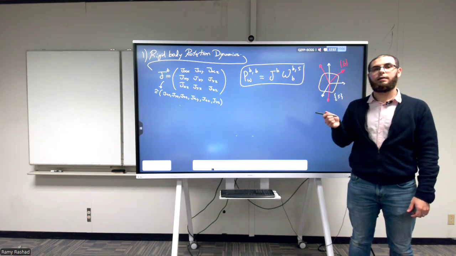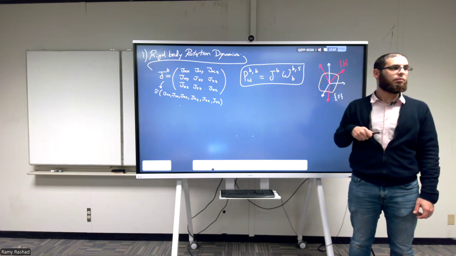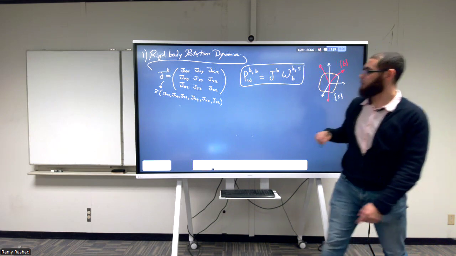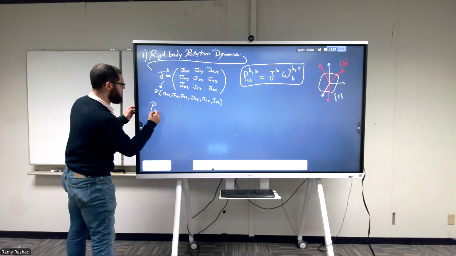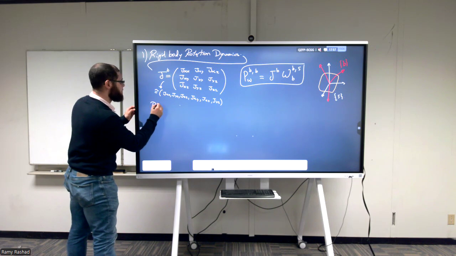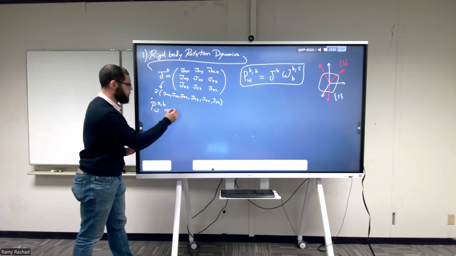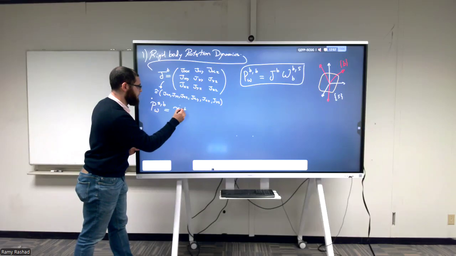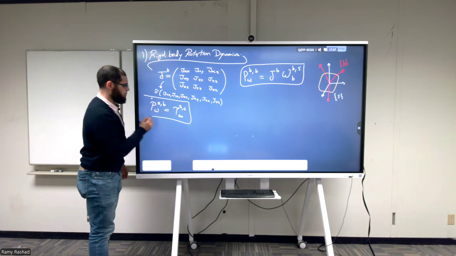What is the angular momentum expressed in the S frame? Because this is the one that we're interested in writing as Euler's law. So we have that the rate of change of P omega SB is equal to the torques that are applied on B expressed in the S frame. So this is Euler's law.